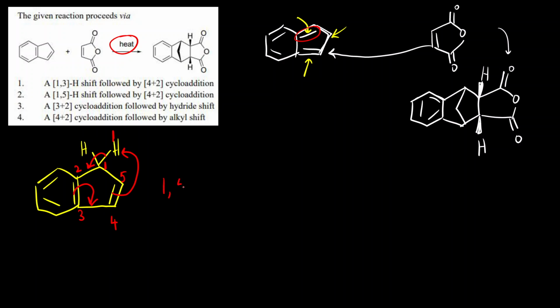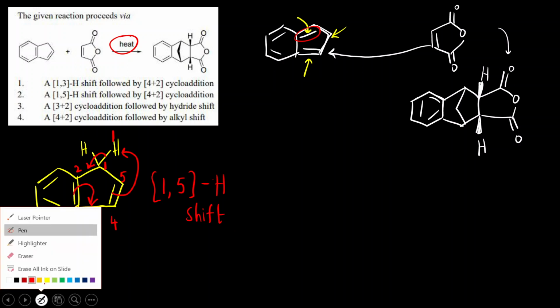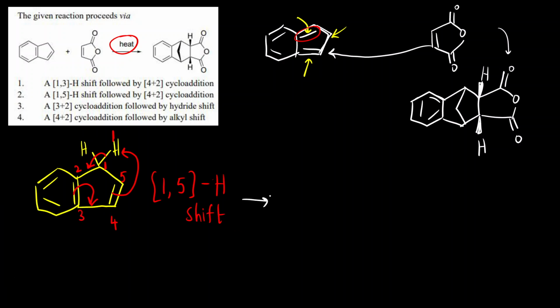This is a 1,5 sigmatropic shift, a hydrogen shift. Then we will get the desired reactant that we want.